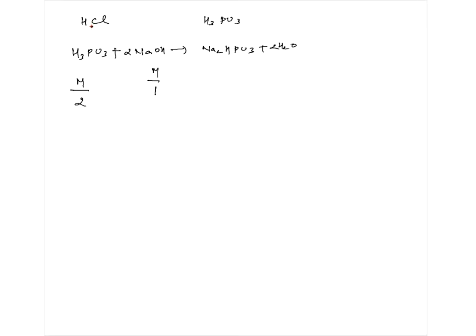So H plus ion is nothing but a single proton. How many H plus ions an acid provides? That is the basicity of the acid. For HCl, it will be 1.